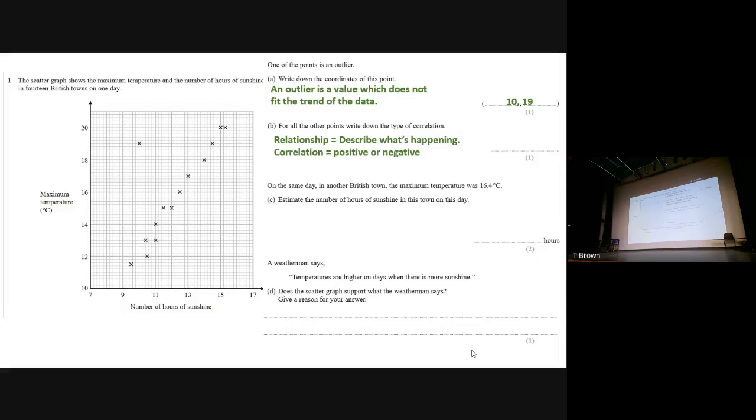If they ever ask you for the relationship, describe what's happening. The closer you live to town, the more expensive the rent is, or the warmer it is, the more sales of ice cream. That's a relationship. You're talking about what's actually happening. If it's correlation, 1 mark answer, you're just going to write positive. 2 marks. Yay!